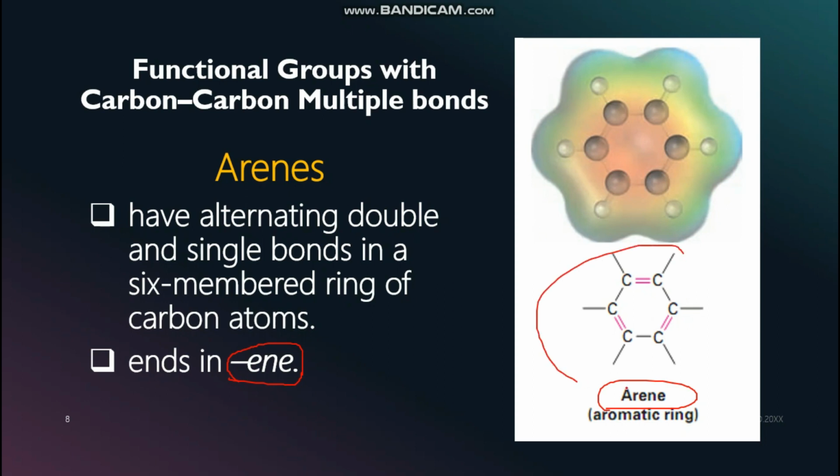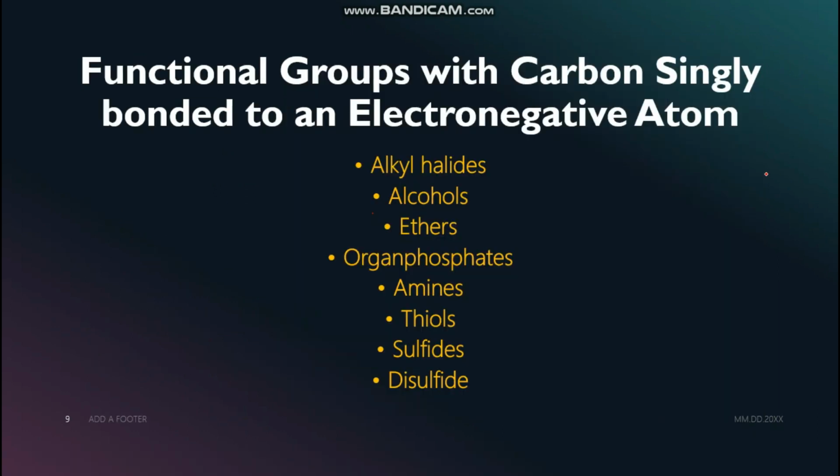Okay, so this ring, six-membered ring structure, is also known as benzene. So we also have functional groups that are singly bonded, wherein a carbon is singly bonded to an electronegative atom. So we have different kinds of these functional groups.